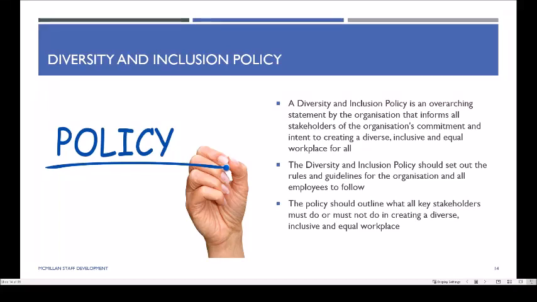Okay, so I just want to talk about policy because this is a significant pillar in the whole culture of the workplace around being diverse and inclusive. And policy, depending on the nature of the work that you do, the size of your organization, and the context of the work that you do, you may have a number of different policies that support and promote diversity and inclusion in the workplace.